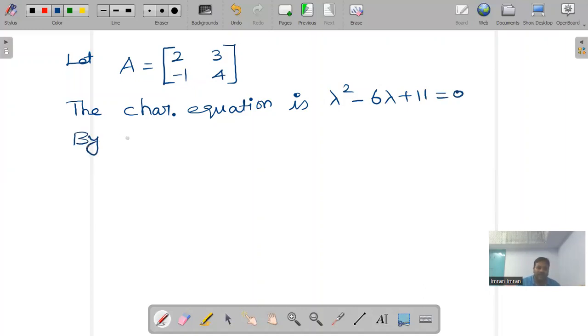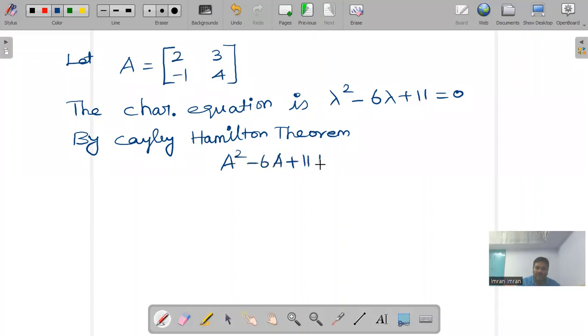By Cayley-Hamilton theorem, this characteristic equation becomes A square minus 6A plus 11I equal to 0.